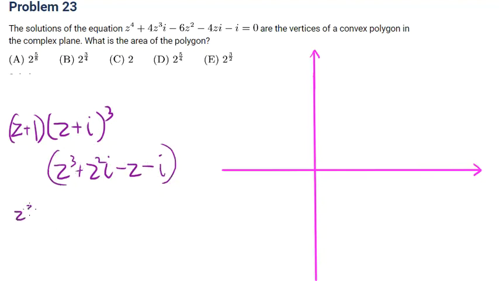This is z to the fourth plus z to the third i minus zi, and then we add this thing.